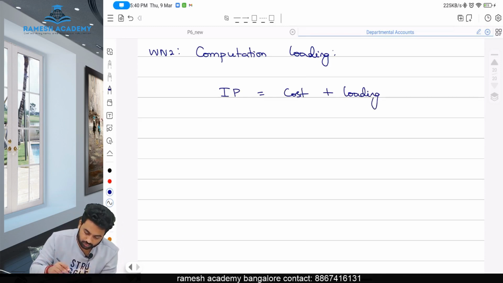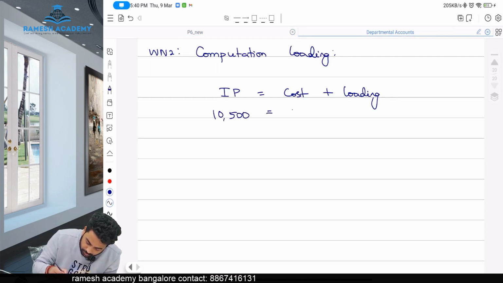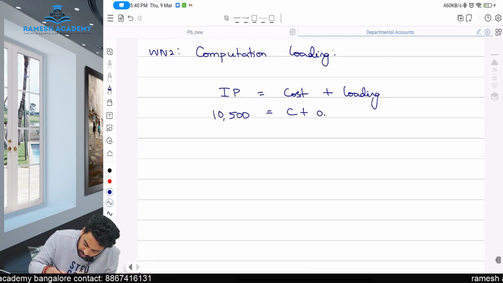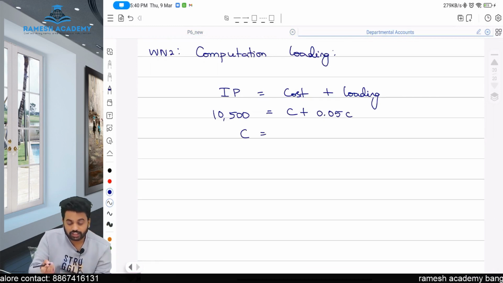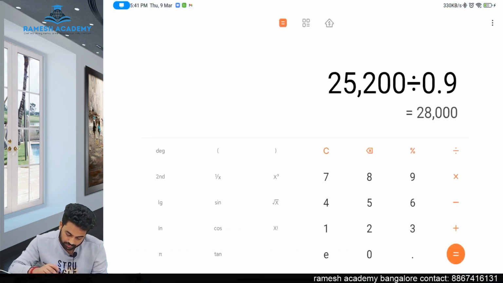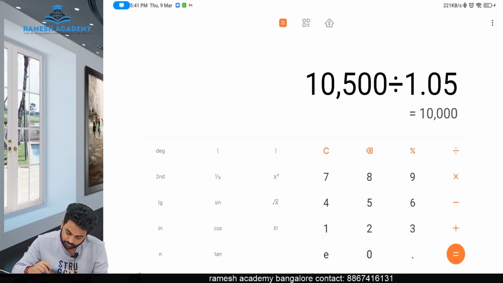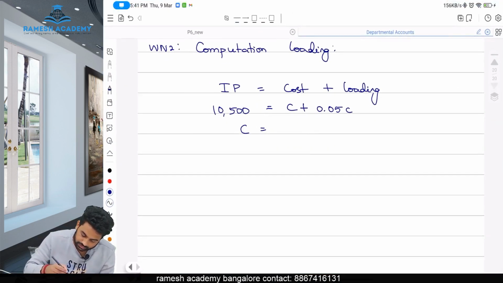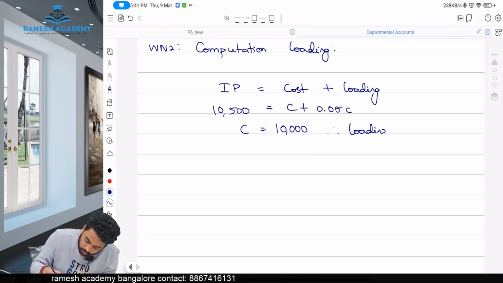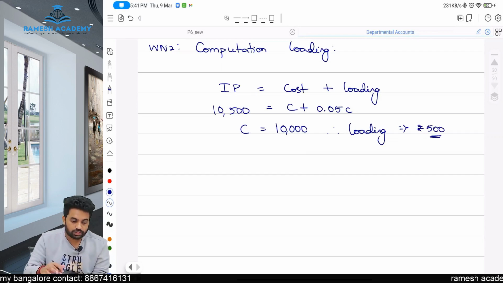The invoice price is 10,500. The cost we don't know, let it be C. Loading is 5% above the cost, so 0.05 C. So C is equal to 10,500 divided by 1.05, which is 10,000. Therefore, loading is rupees 500.